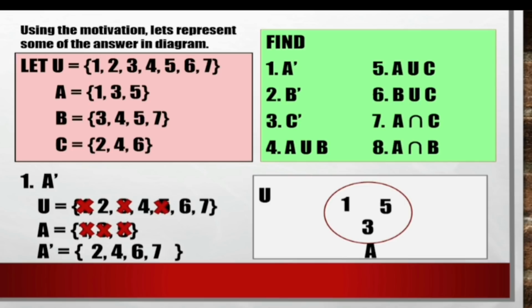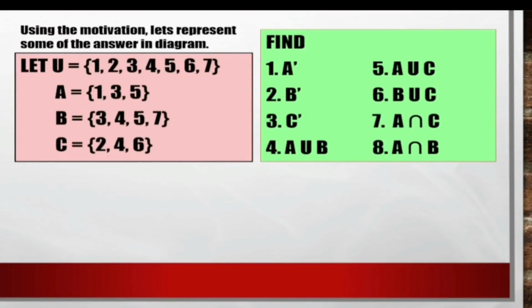And the elements in the universal set which are not in A are as follows: 2, 4, 6, and 7. If we're going to represent A prime, we just simply highlight the elements 2, 4, 6, and 7. Okay? So this is how you represent a complement in terms of Venn diagram.